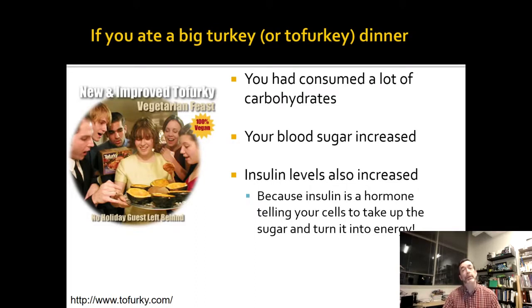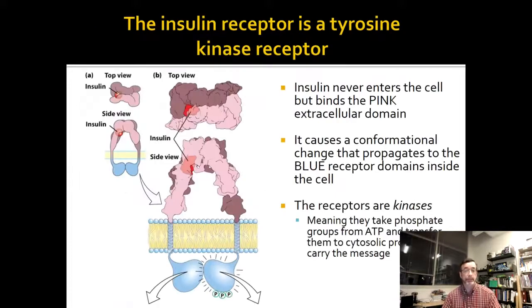Insulin is a hormone that goes along with blood sugar, and it tells your cells blood sugar is high, and you should take this sugar and you should turn it into energy. There's other signals that say take the sugar and turn it into storage, turn it into glycogen and things like that. Insulin is take sugar and burn it.